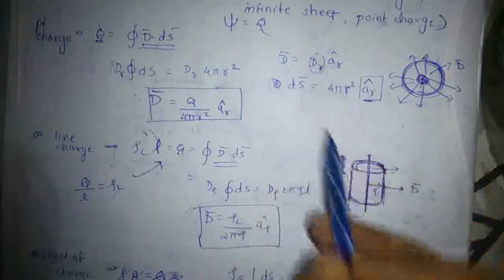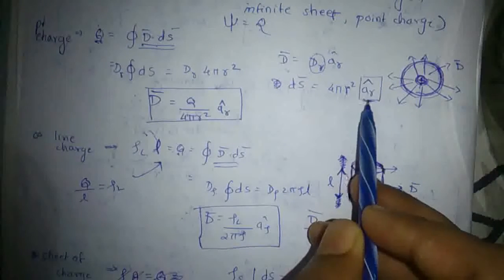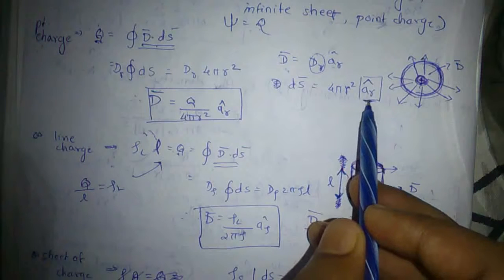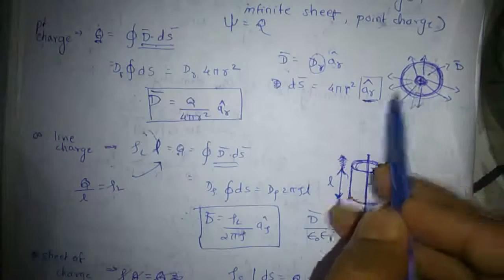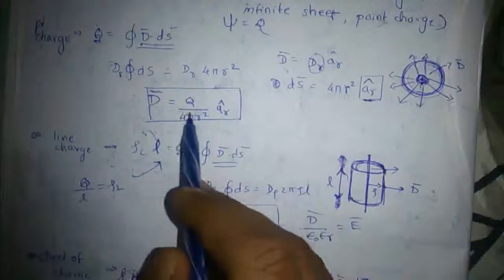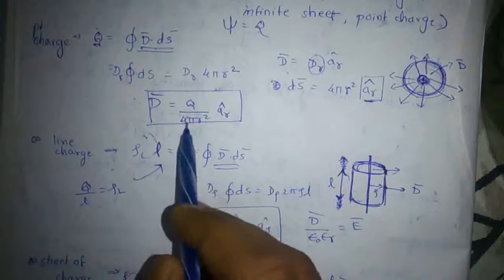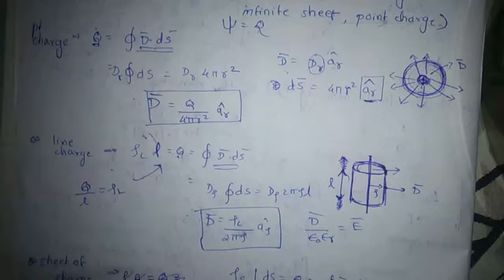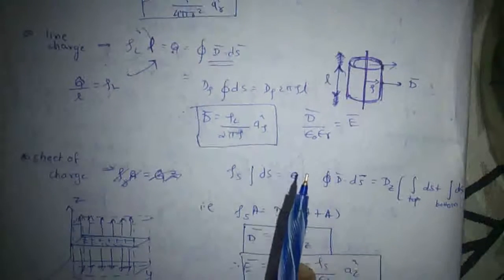Dr is the magnitude of the electric flux density. The integration of small area ds is nothing but 4 pi r square, which is the area of a sphere, since we consider a point charge and we have considered a spherical Gaussian surface. By integrating this and substituting accordingly, we get D bar is equal to q by 4 pi r square ar cap. These derivations you can find in any of the textbooks.